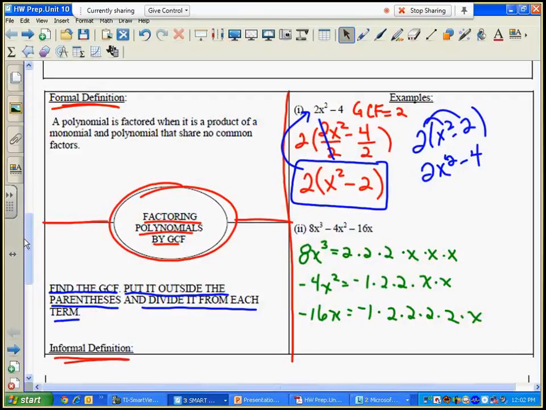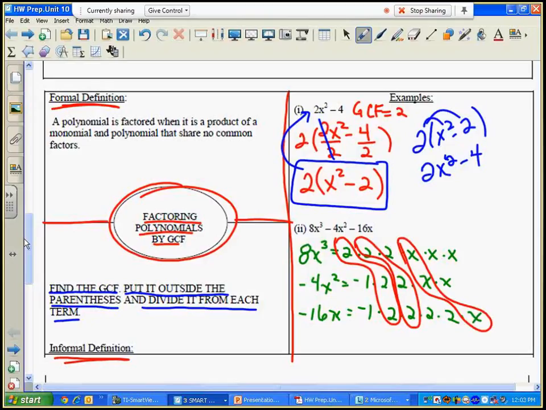Okay, so as I look at these 3 different prime factorizations, I'm looking to see what they share. Well, I know that they all share one of these 2's. And actually they share another pair of 2's here. They all share 1 x. And as I'm looking around here, I don't think that there's any other number that all 3 of them share.